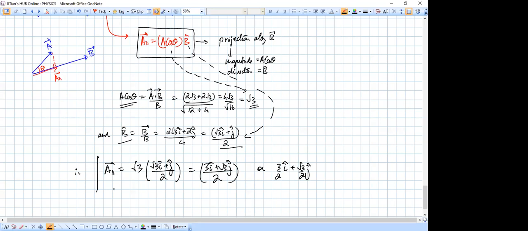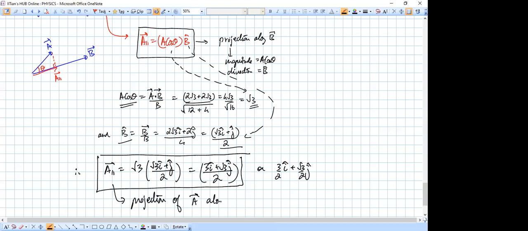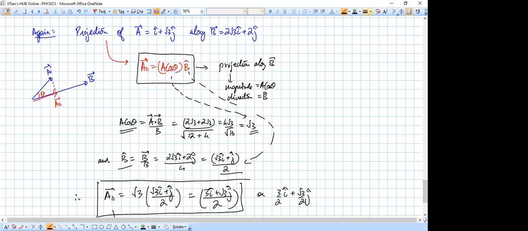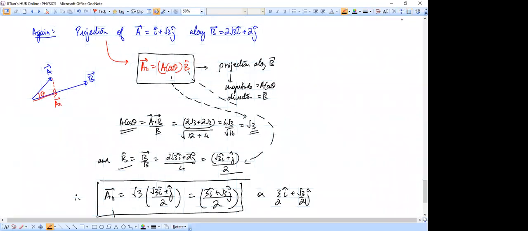So this is what this becomes. This is the projection of vector A along the other vector B. Okay. So in this, once again, I've taken you through all the steps that you require to find out this projection. So just go through this carefully.